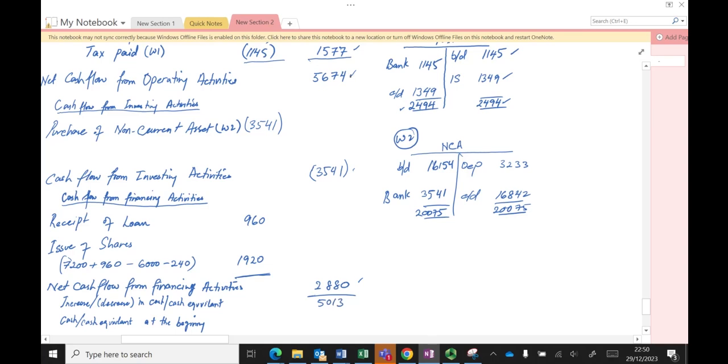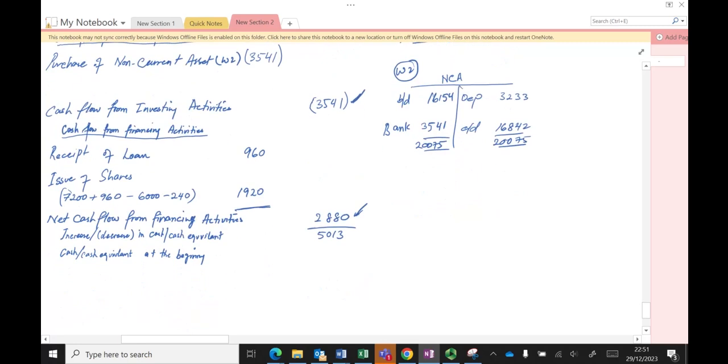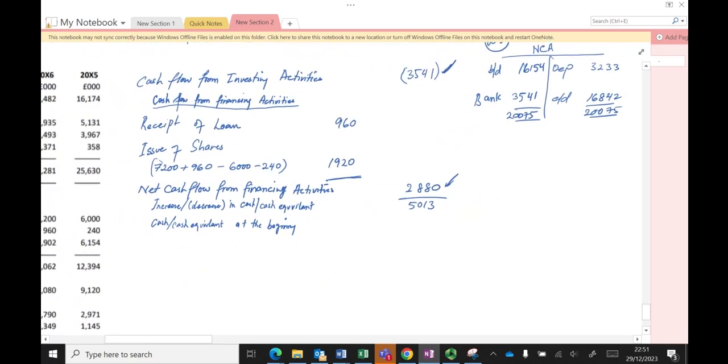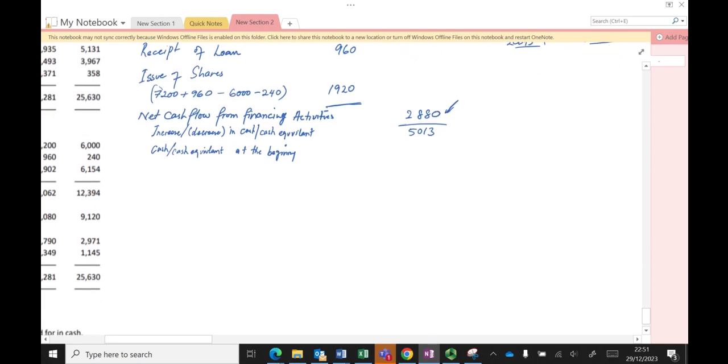That is this figure plus this, this figure minus this plus this. Now that is an increase in the cash and cash equivalent.